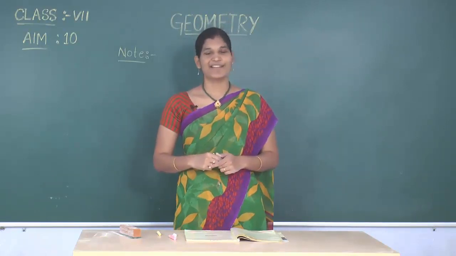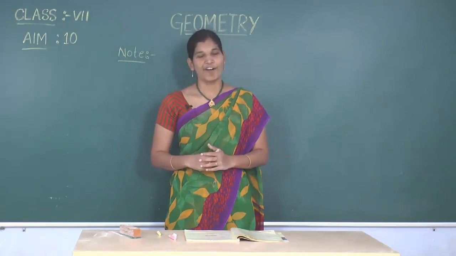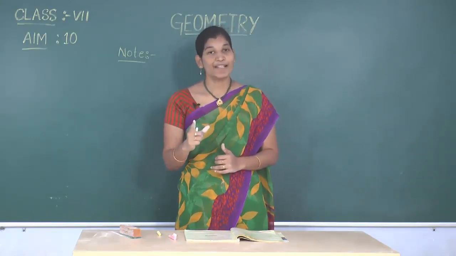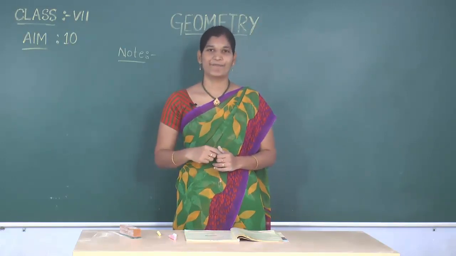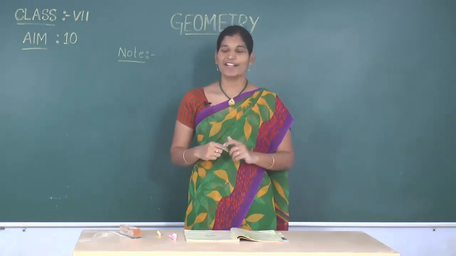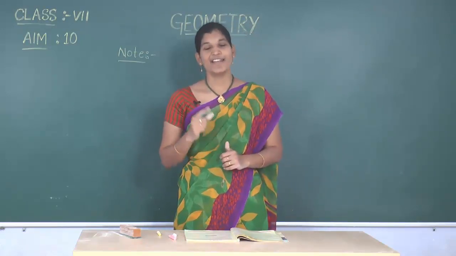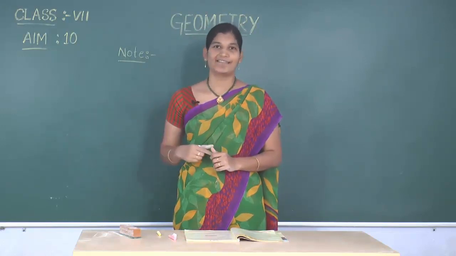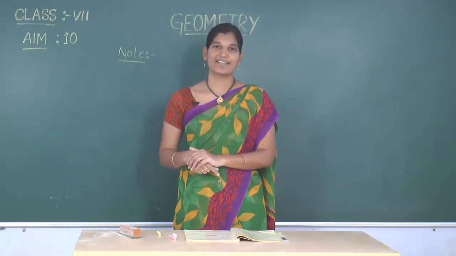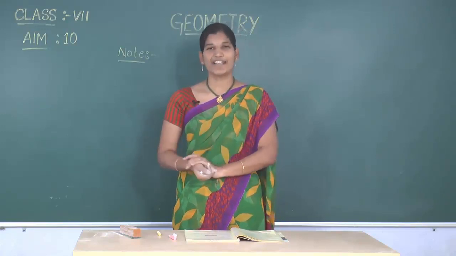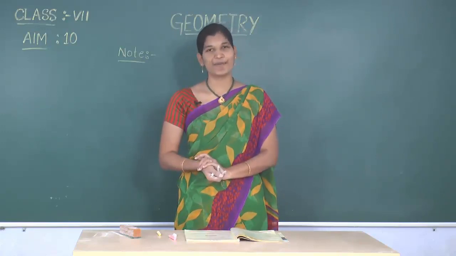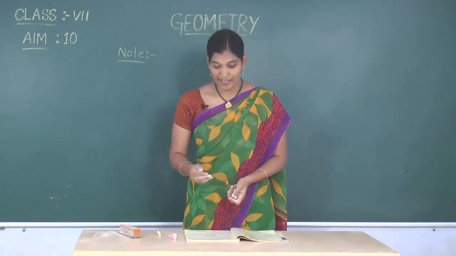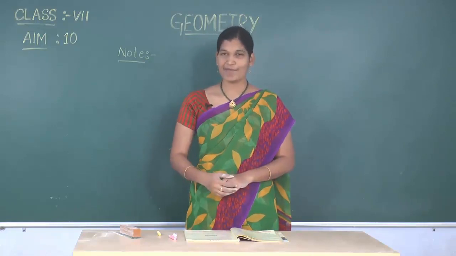Now, next one, the quadrilateral formed by joining the successive midpoints of a rhombus is a rectangle. Rectangle gives rhombus. Square is square only. These are very important properties which are very useful to solve our problems. And now let me solve some problems.